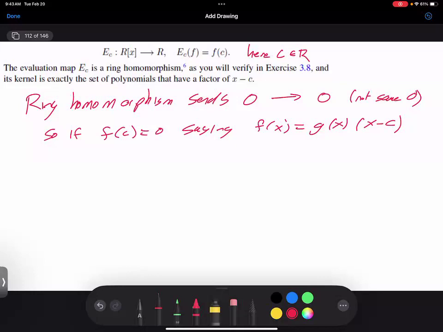And then the question is, does R need any special properties for this to be true?